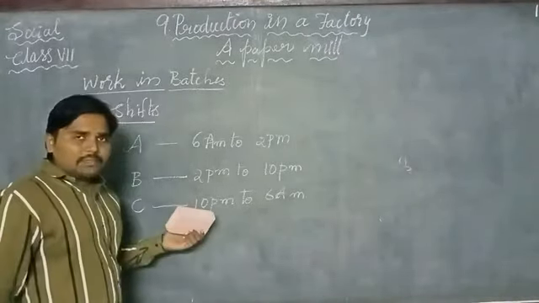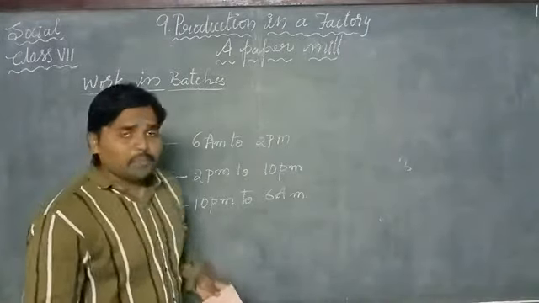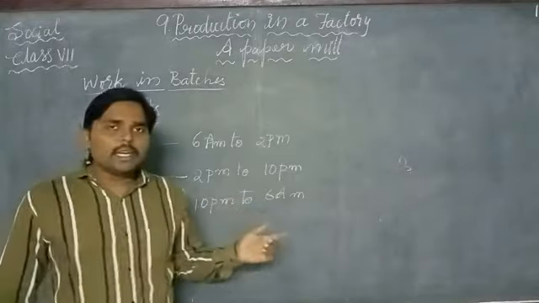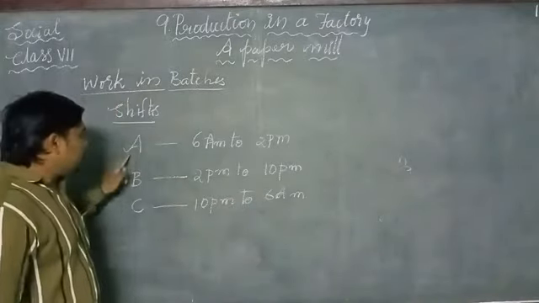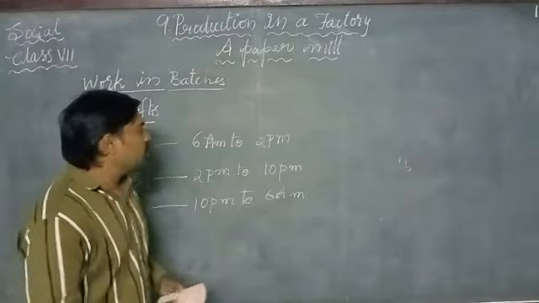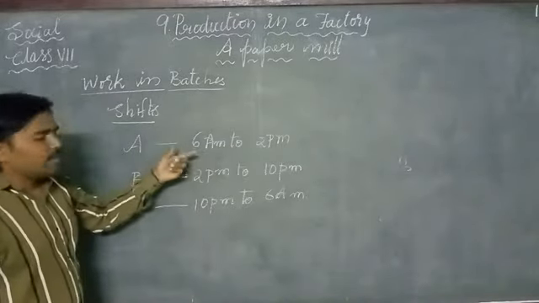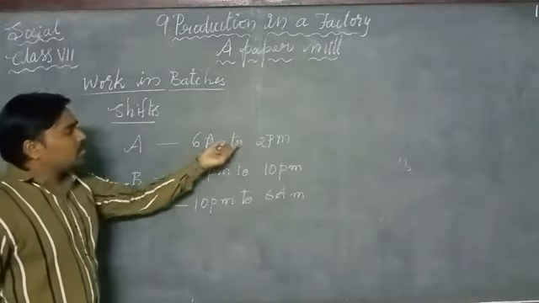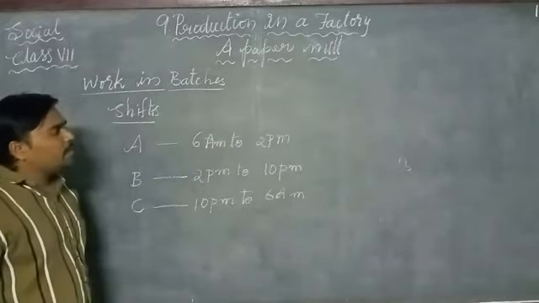Okay, for the night shift, the workers get special allowances. All three batches are rotated weekly. Suppose in the first week of the month, batch A gets the morning 6 to afternoon 2 p.m. shift.